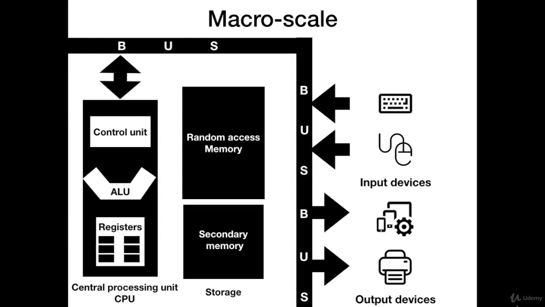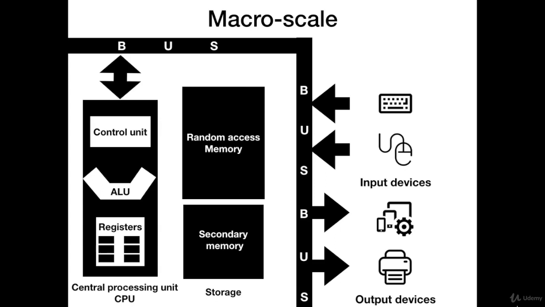This representation depicts a computer's most fundamental parts. The central processing unit contains the control unit, the ALU, also called the algorithmic logic unit, and the registers. Next to it, we have the random access memory, also called the main memory. Beneath it, we have the secondary memory.